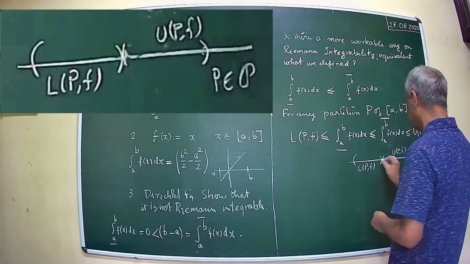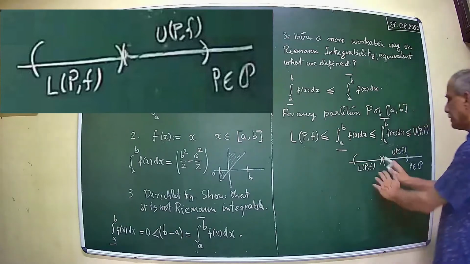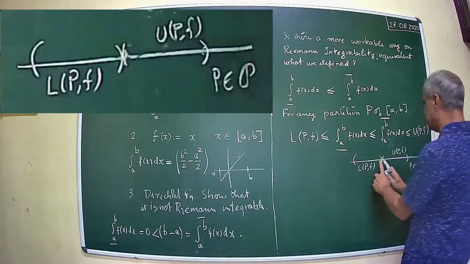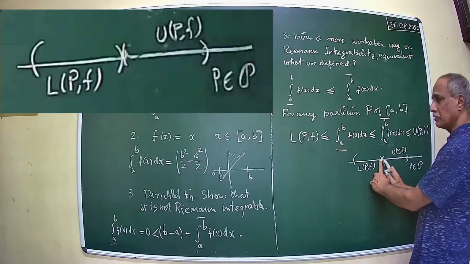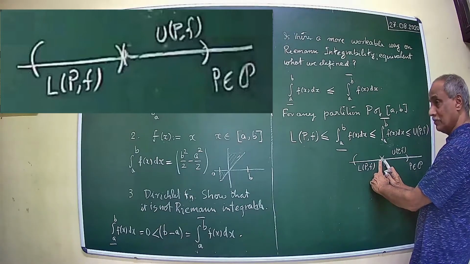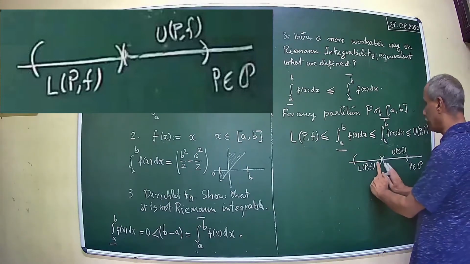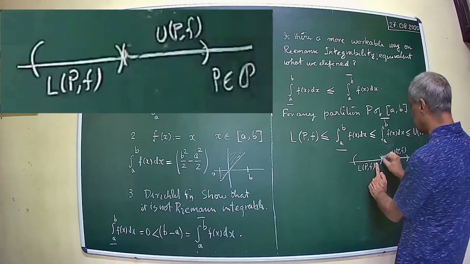And you are talking about the infimum and supremum. If it is not Riemann integrable, there is going to be a gap here, and this gap you cannot fill. But if it is Riemann integrable, what you get is that this is going to be the same.